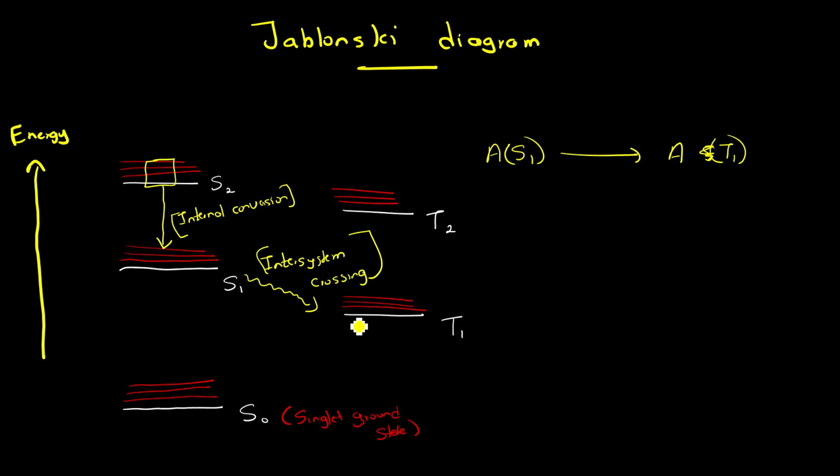As well, when a molecule has occupied the T1 state, it will relax to the ground state through this direct transition. Theoretically these are forbidden, but in practice there's a fraction of molecules going from this to this.